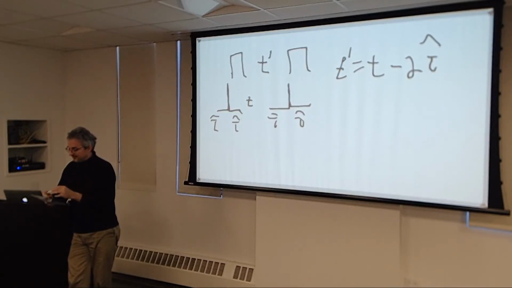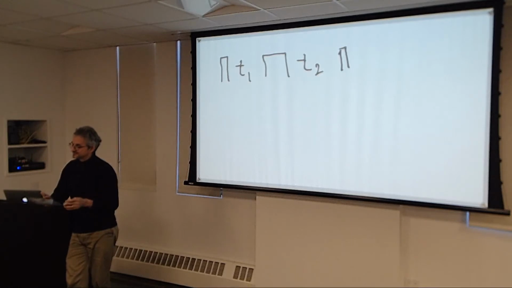In lots of experiments, we might have something that looks like this, where we have a 90-degree pulse, some delay, a 180-degree pulse, some other delay, and then a 90-degree pulse. And then the question is, should we adjust for evolution during the pulse?